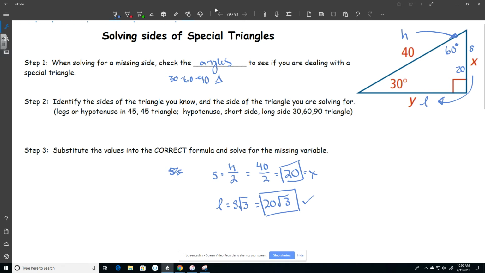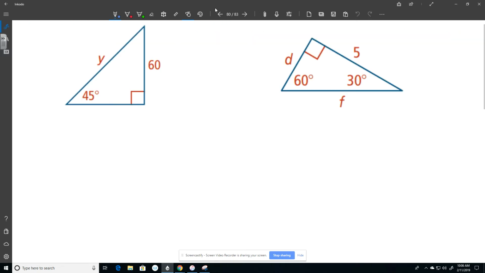Okay, let's do a couple more. We're going to do 4, 5, 6 examples, and then you can go ahead, do the homework, and give this a shot. So when I look at this triangle, I know this is 90, this is 45, which means this one is also 45. So I'm using a special 45-45 triangle. And I know in a 45-45 triangle that this is my short side.